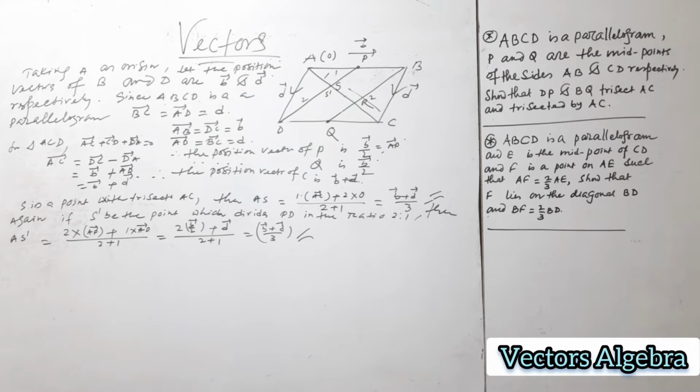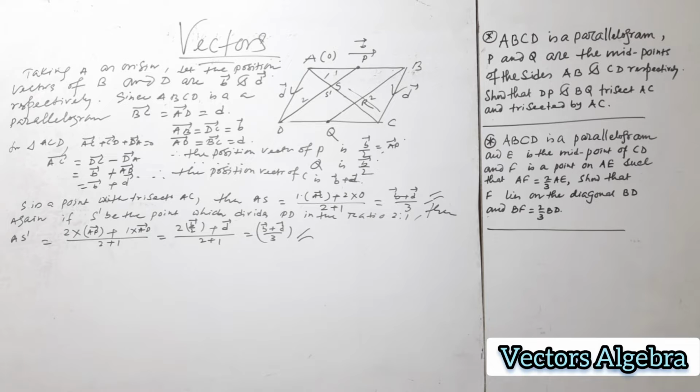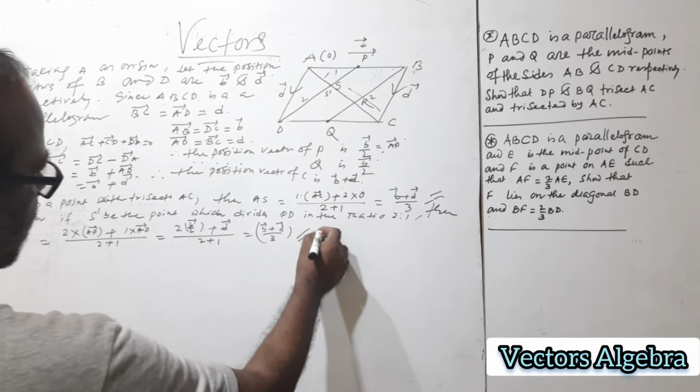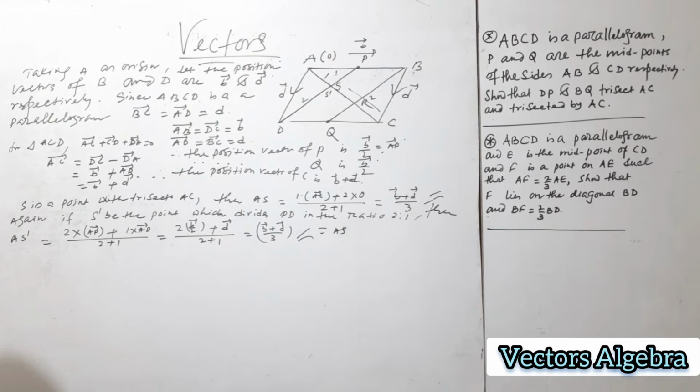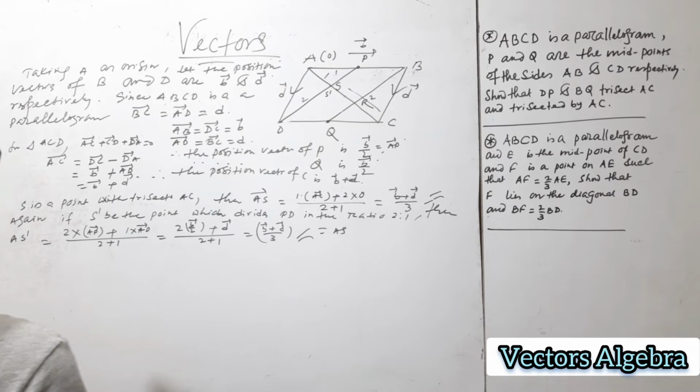So as the position vector of S and the position vector of S dash are the same, S and S dash are the same point. So that is equal to the vector AS.